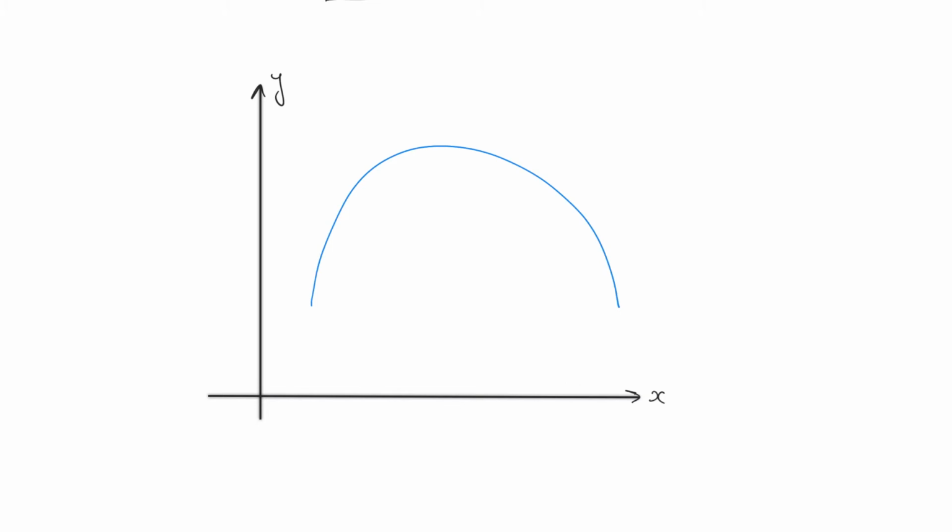Consider a function, let's say y is equal to f of x. We draw a graph and assume its shape is something like this. According to this graph, at this particular point the value of y is going to be a maximum value. This is the maximum possible value of y, and I'm representing the corresponding value of x as x.